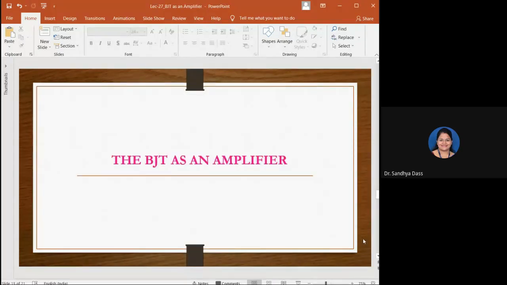Okay. Now, quickly we'll move on to the transistor. BJT as an amplifier. As I said, current amplification or current gain is given by the output current by the input current, right? So common emitter configuration will be generally used for amplification, because in common emitter configuration we will have a larger output current compared to the other two configurations.